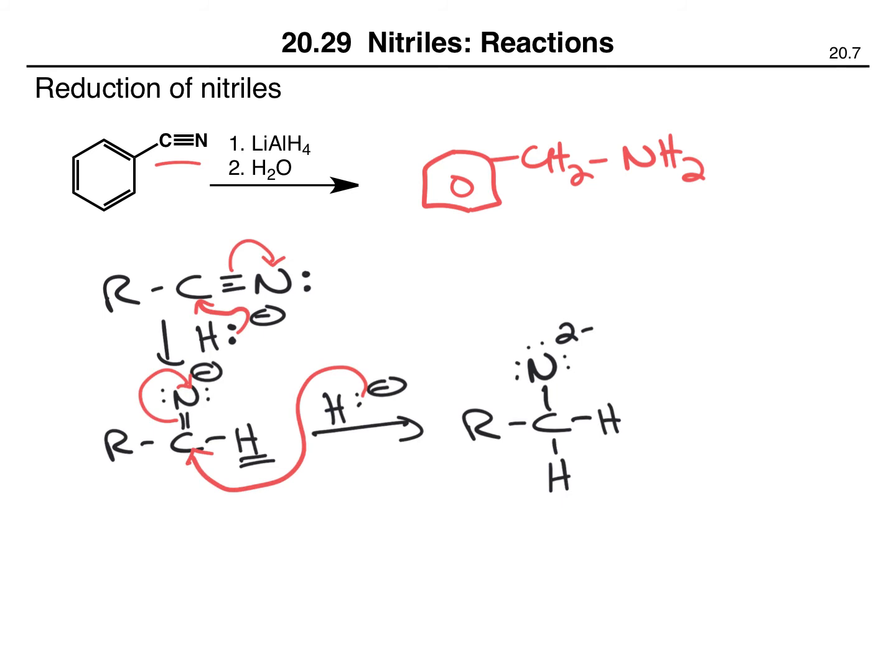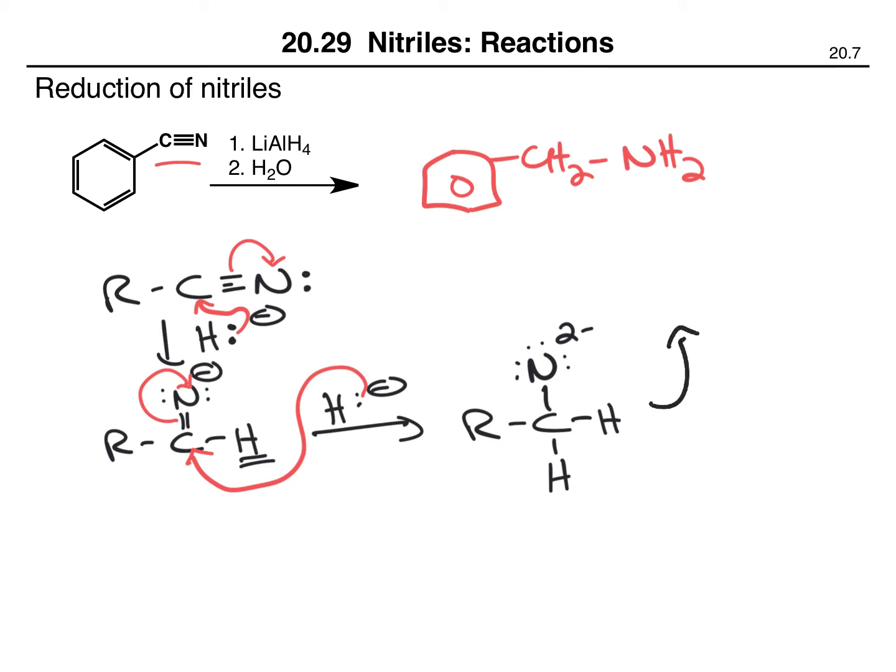So the detail that I'm skipping is that because we started out with lithium aluminum hydride, when we donate a hydride, we now have aluminum trihydride, which is going to have a positive charge. So in these intermediates, this nitrogen is going to be complexed with some aluminum species, which makes this more reasonable.